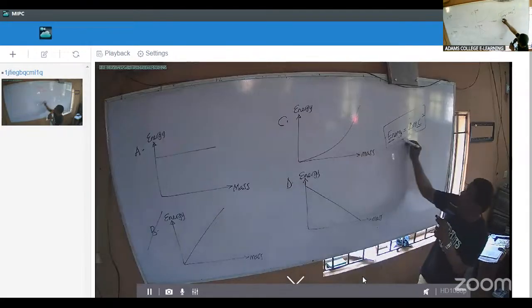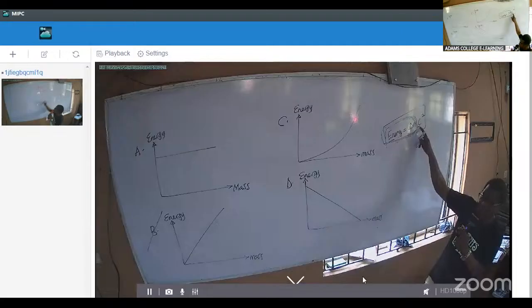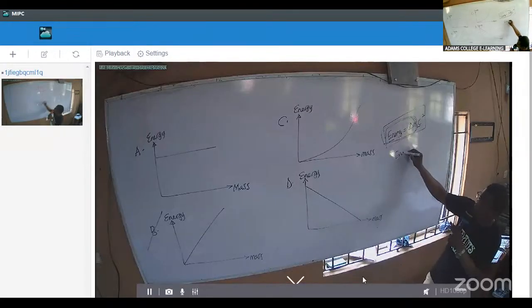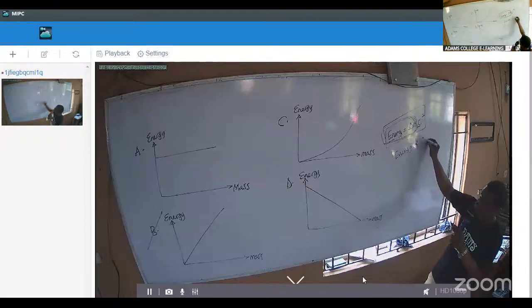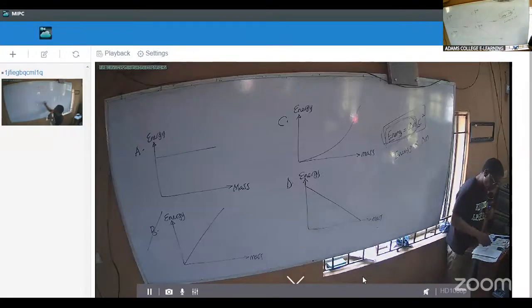For energy and mass, energy is mass times C squared. C is constant, the velocity of light, 3 times 10 to the power 8. It doesn't change. Because C is constant, energy and mass are directly related.